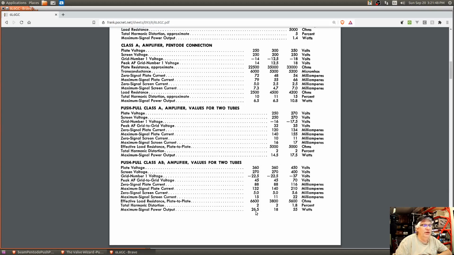There's one other big number: the power output of this is 26.5, and this one's 18. Why would they give us those two columns? Those two columns are based on the fact that maybe you have two different output transformers with the same speaker.